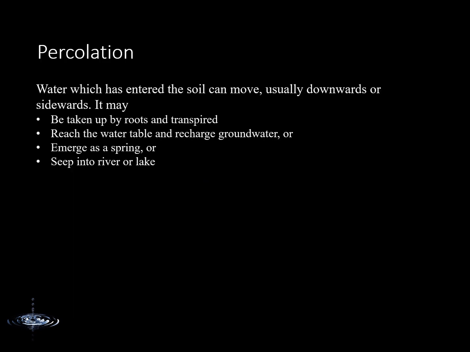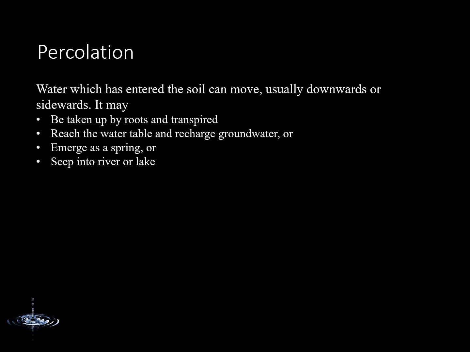Next one is the percolation. So when water enters the soil after infiltration, it can move in different ways depending on soil characteristics and presence of vegetation. Water can move downward toward the soil due to gravity, or it can move laterally through the soil due to pore water pressure differences.